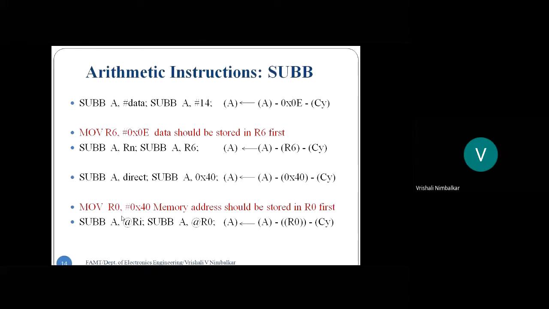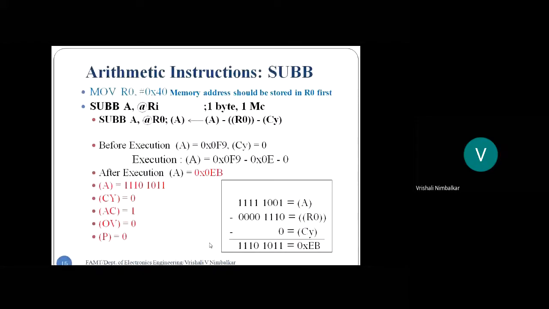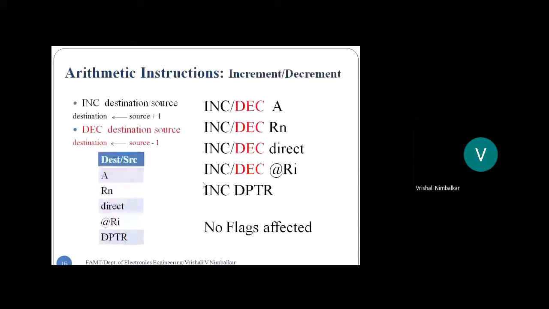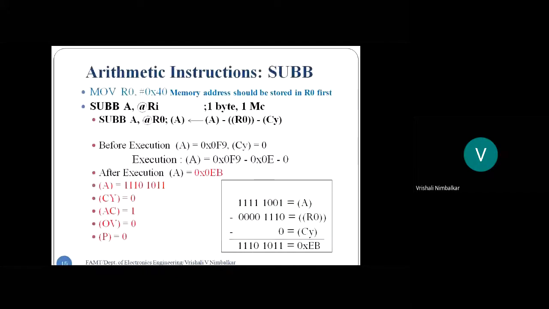Okay, meaning you are adding a 16-bit number, I need ADDC. When you are adding a 32-bit number, I need ADDC or subtract with borrow. But if you're only performing 8-bit addition, 8-bit subtraction, I don't need the carry and the borrow. Okay, I will take this subtraction in the next lecture.